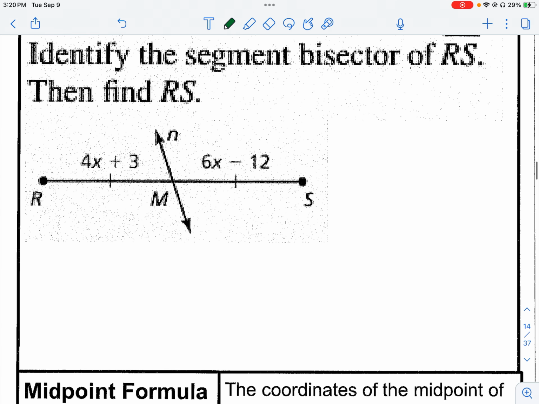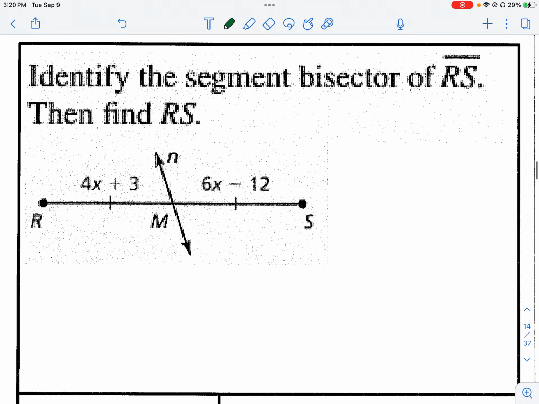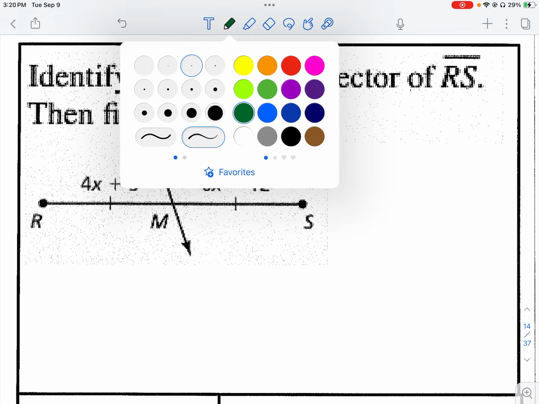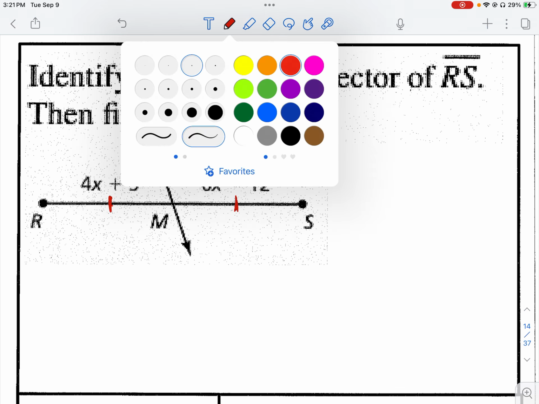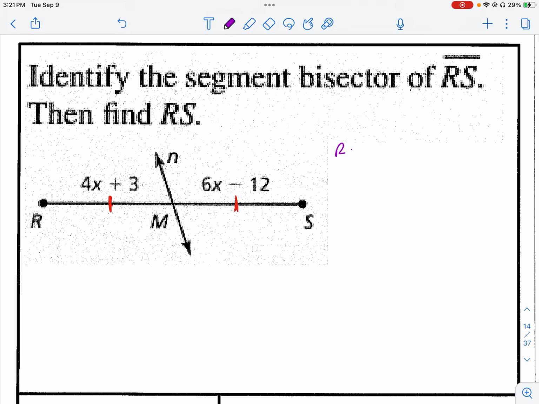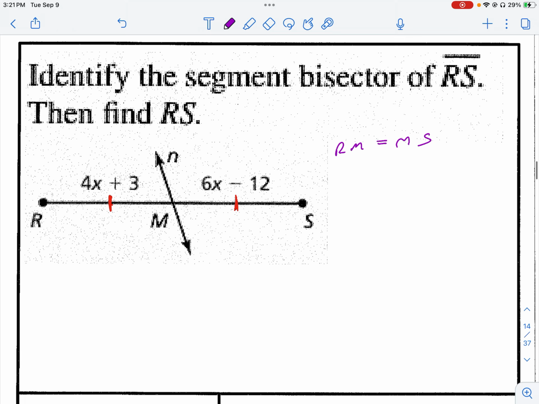Let's do one more example, and we'll move on to something different. So we'll work together on this one. Identify the segment bisector of RS. Once again, we have congruent segments. So therefore, RM equals MS. We can solve for x.